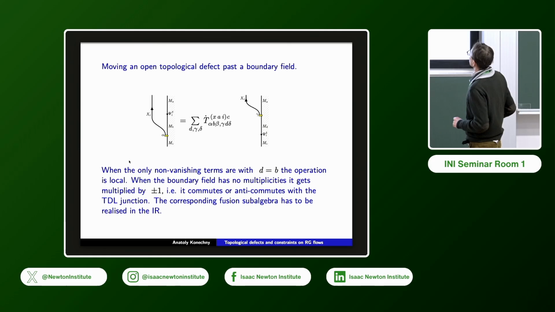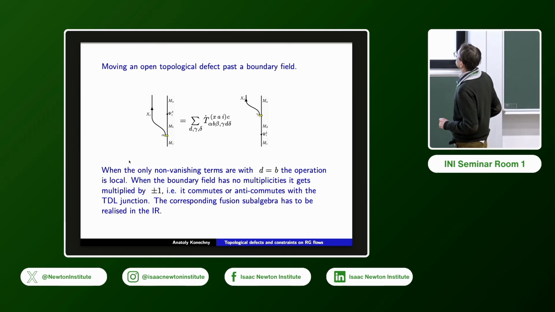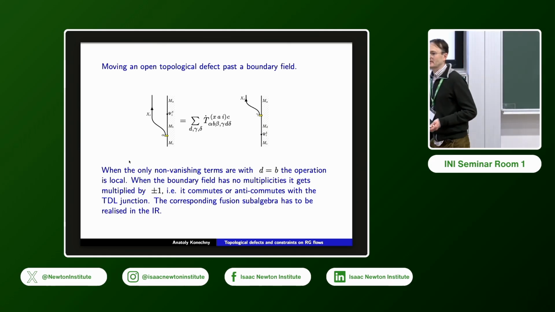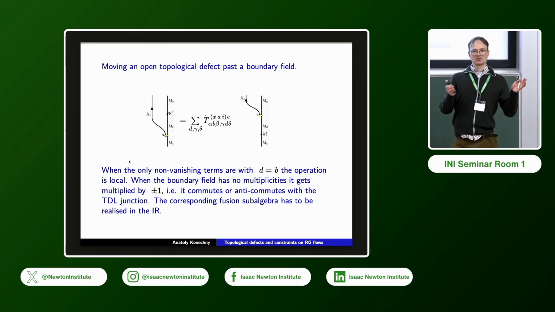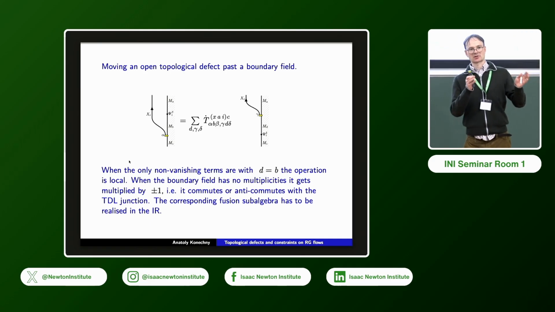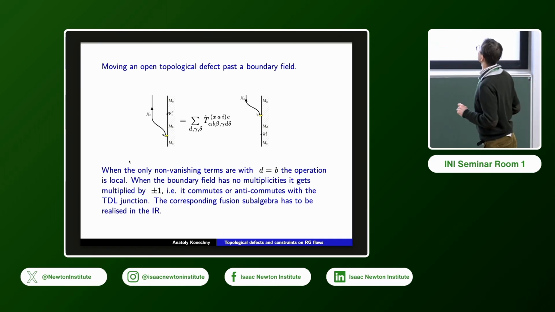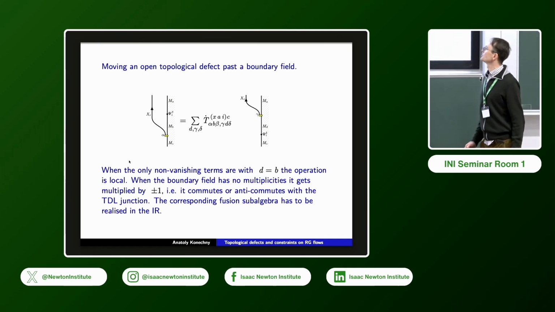And this sweeping through is governed by a particular set of coefficients, which in general, again, is some different type of fusing matrices. But if you're in a charge conjugate theory, then it's again just the ordinary fusing matrices.